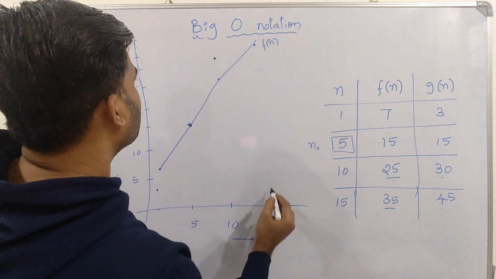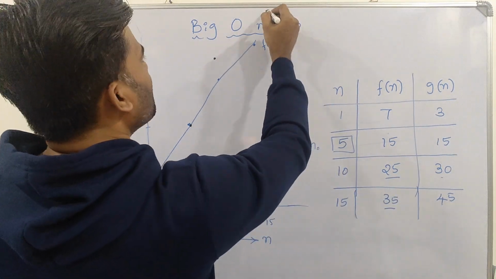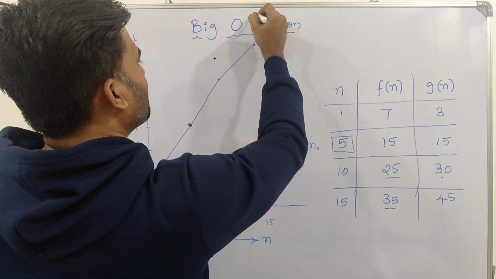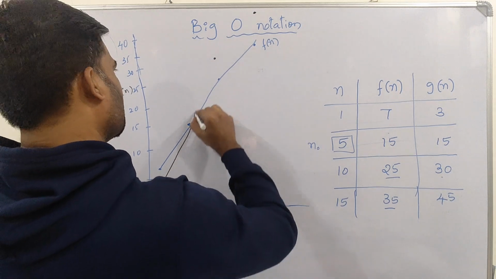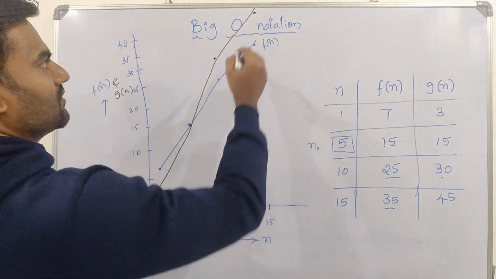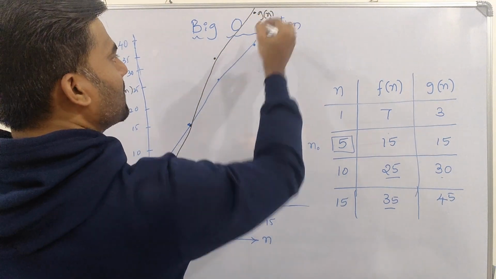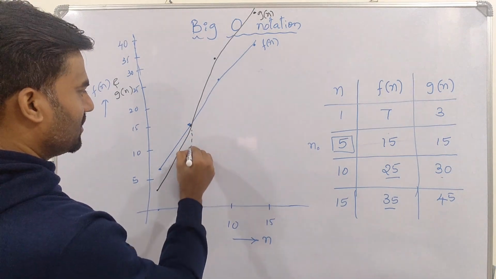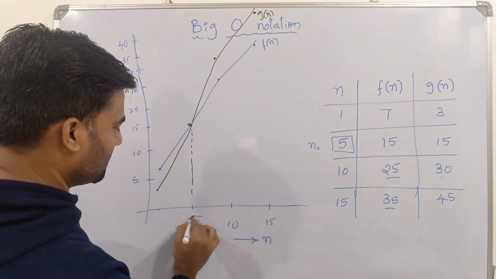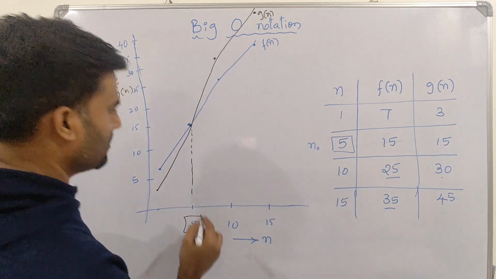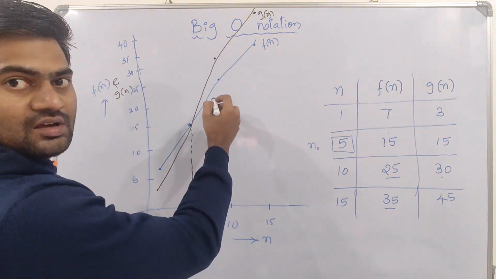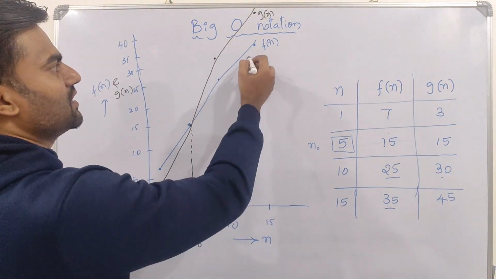And when the value is 15, it is 45, somewhere here. So if we see the value of g of n after this particular value, this is n naught, g of n always grows faster than f of n.